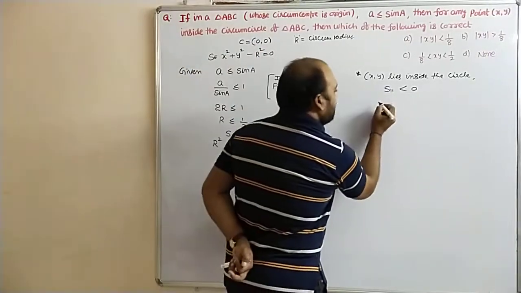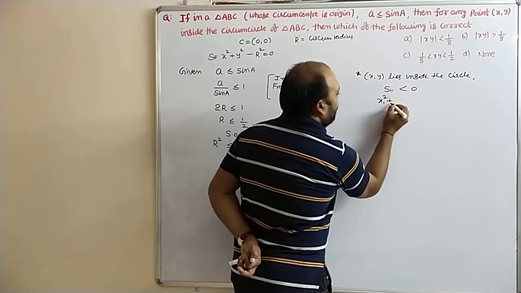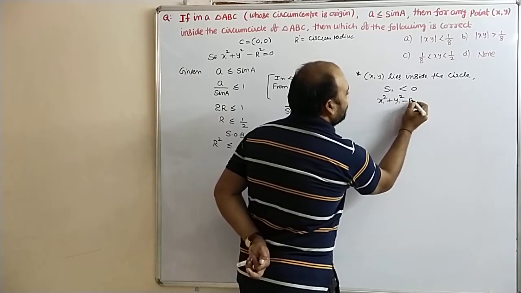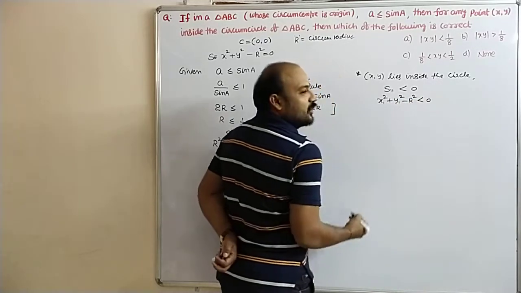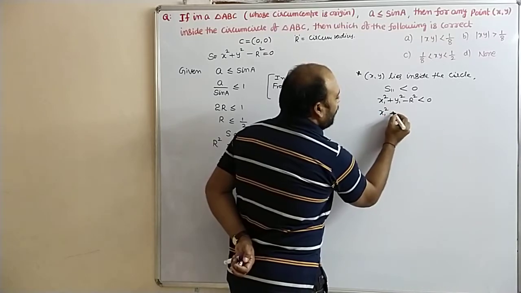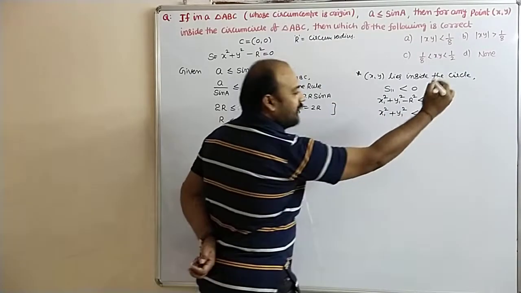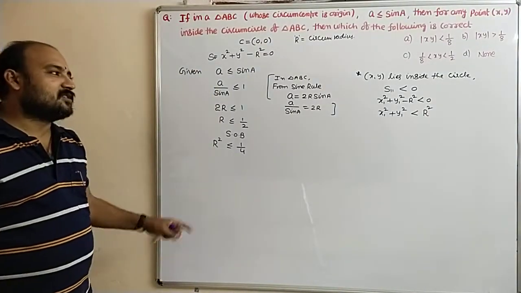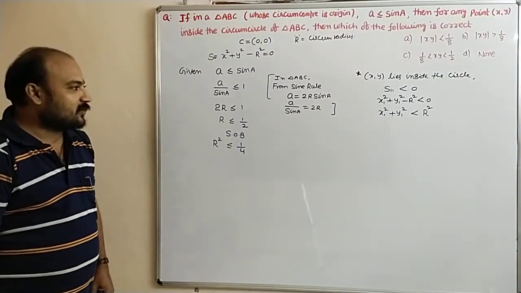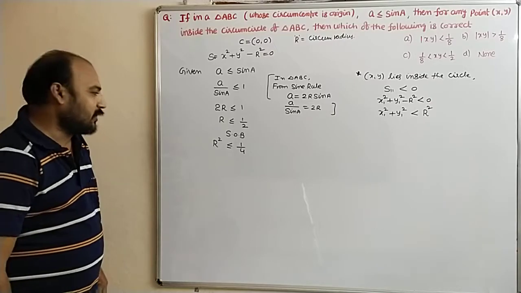So S11 is less than 0: x1 square plus y1 square minus R square is less than 0. Therefore, x1 square plus y1 square is less than R square.